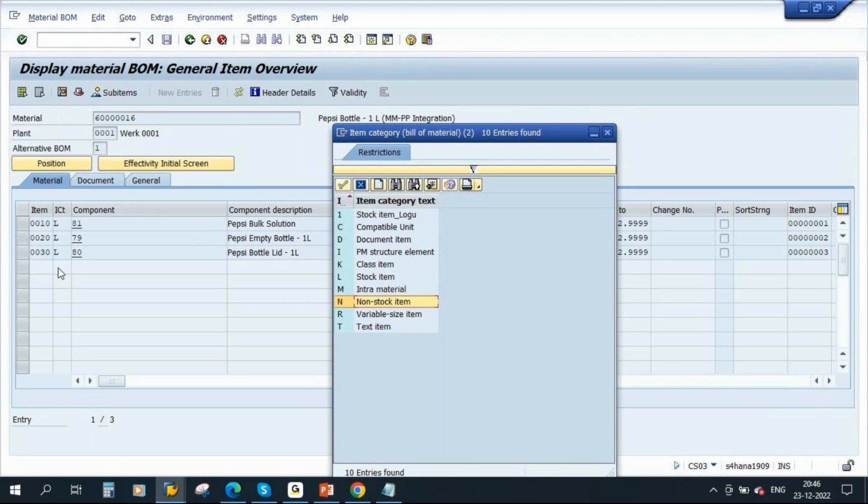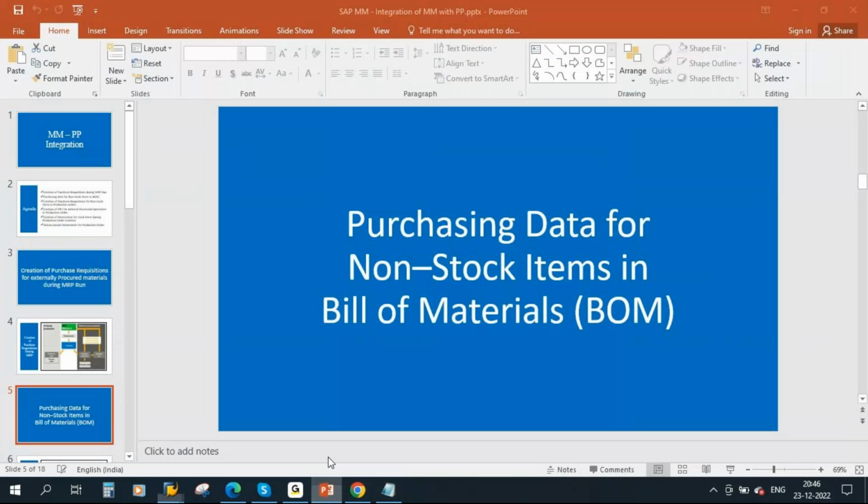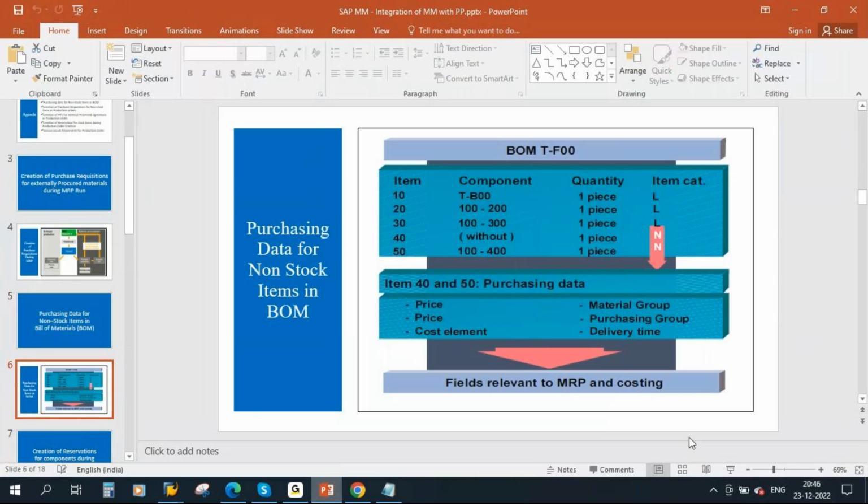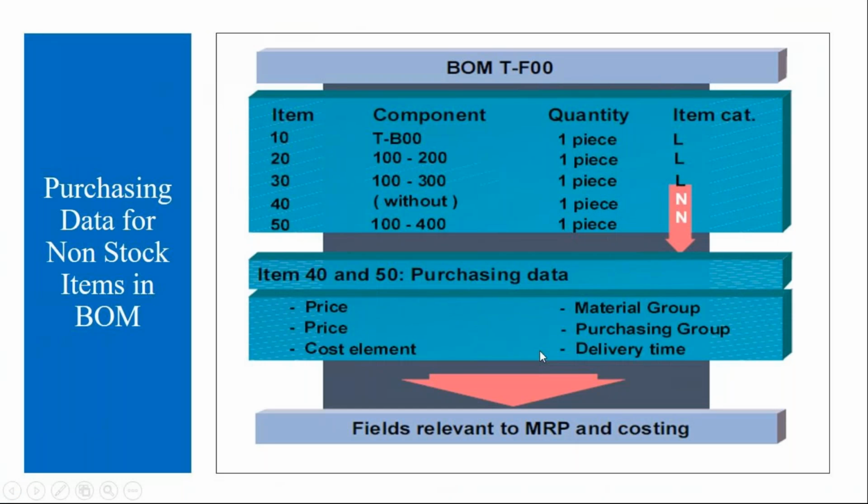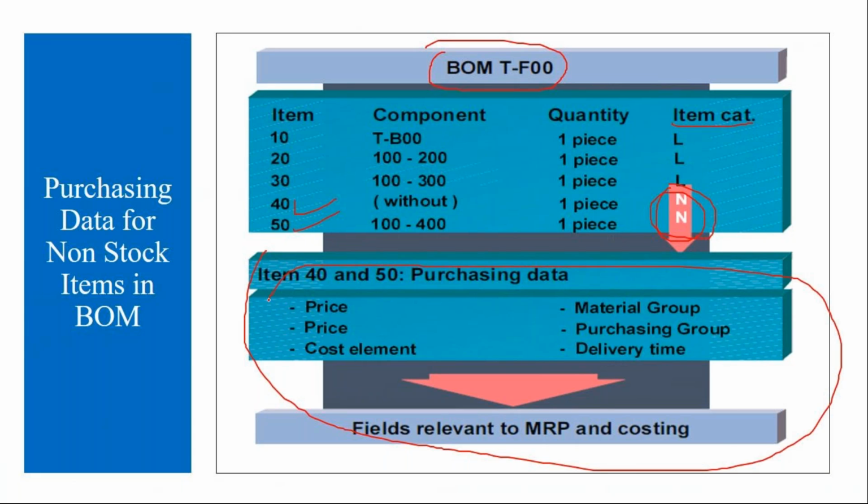So if you enter a component with item category N, non-stock item, the system will ask you to enter the purchasing data. So whenever in the bill of material of a product, you enter any component with item category N, then the system automatically asks you to enter the purchasing data for the non-stock item.